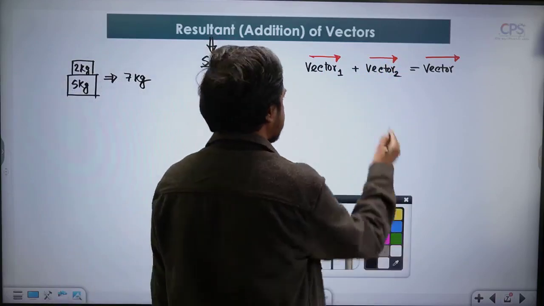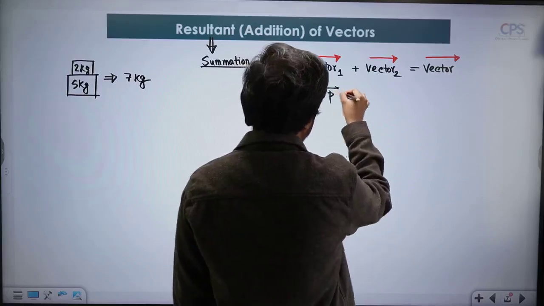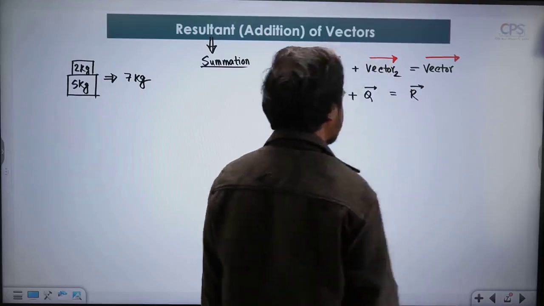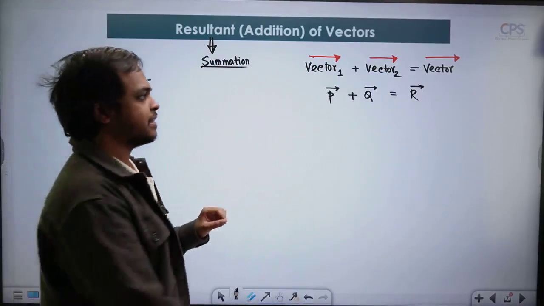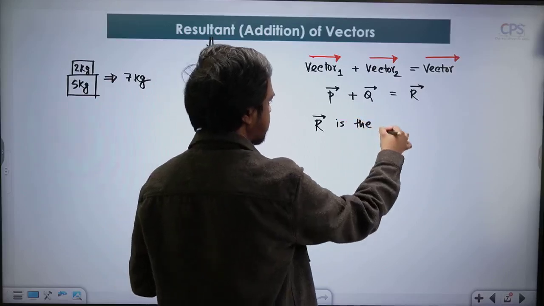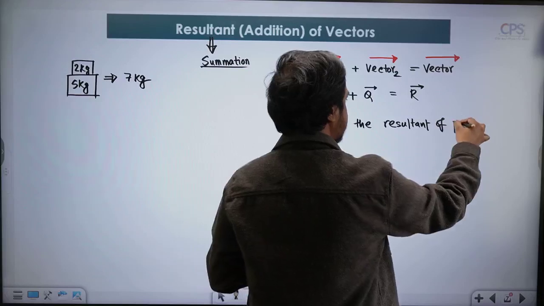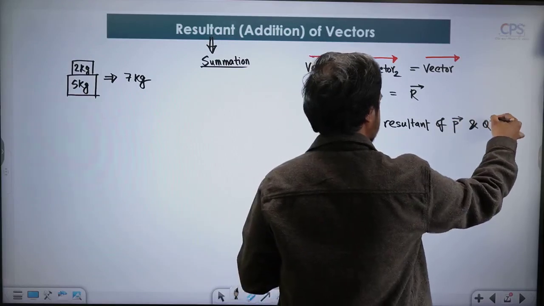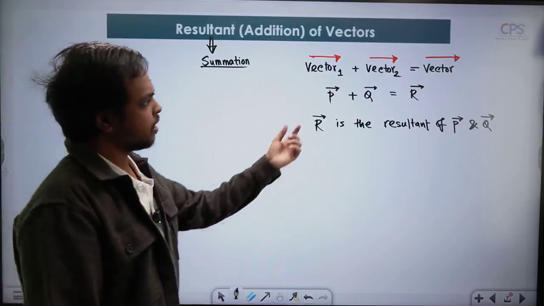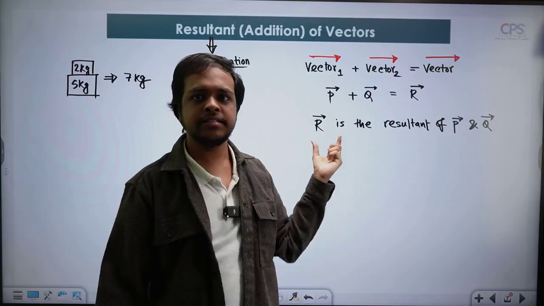Let's say vector P and vector Q sum up to vector R. So we can say that R is the resultant of P and Q. This is in the equation form what we are saying, and this is in the written form.